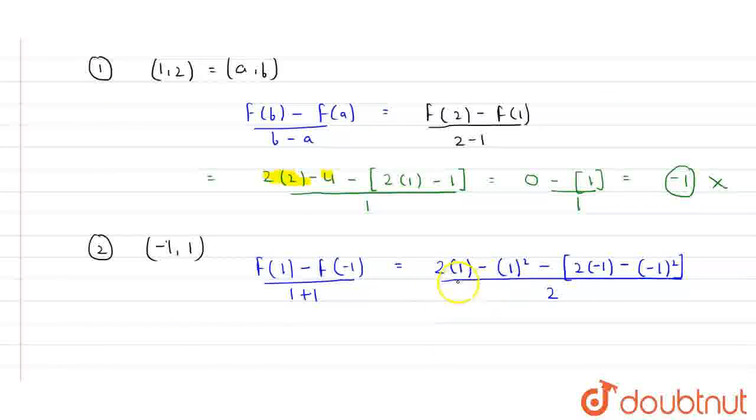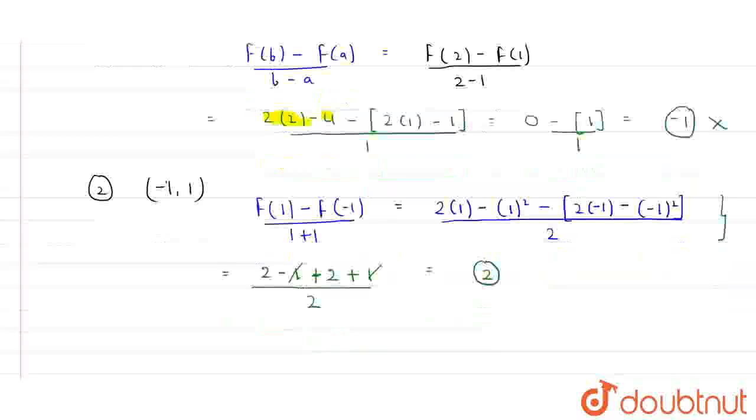I have substituted the values of 1 and minus 1 accordingly in f(x), as we did for the previous part. Now on solving this further, I'll get 2 minus 1 minus, here I'll get minus 2 minus 1, whole divided by 2. Minus 1 and plus 1 cancel, 4 by 2 will be 2. It is also not equal to LHS.